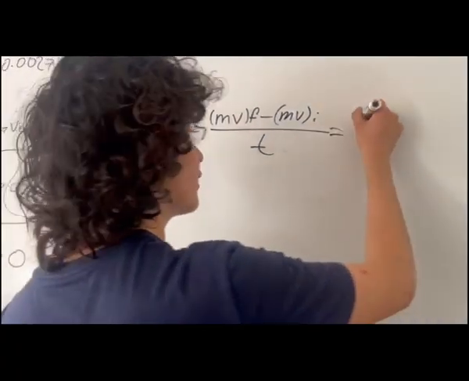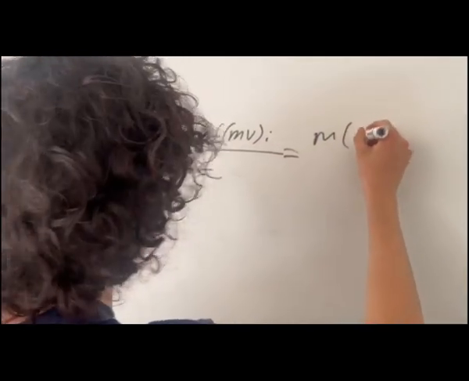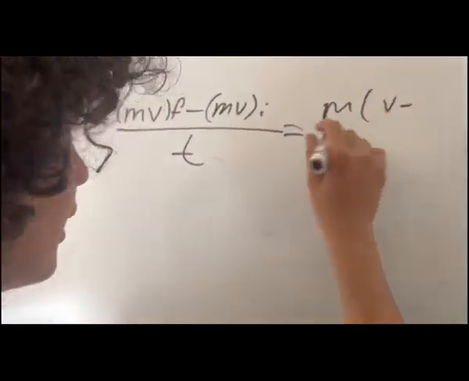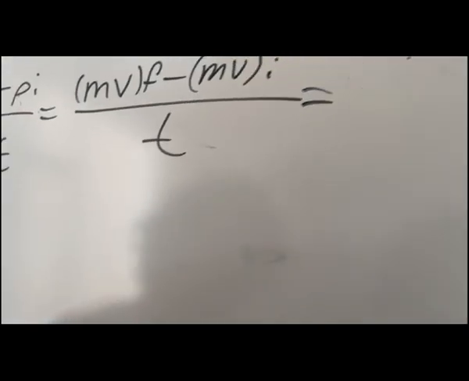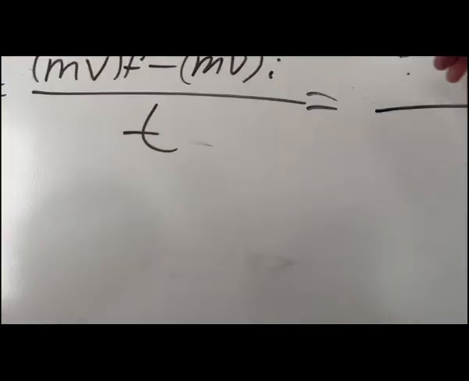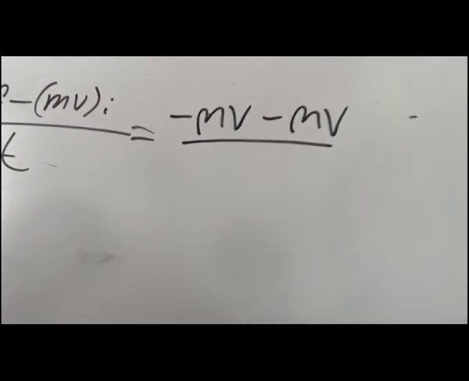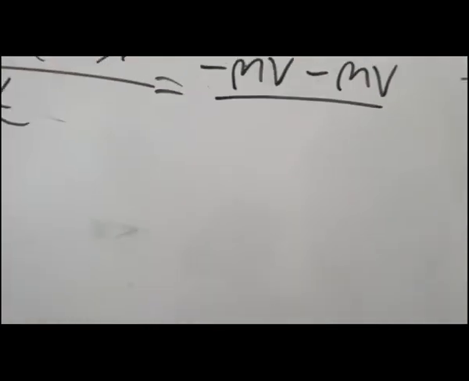We can factorize the m. And as a consequence, as it is elastic, we know that it's going to be exactly the same, however, with the sign change. So it's going to be minus mv minus mv. This can be written as minus 2mv over time.